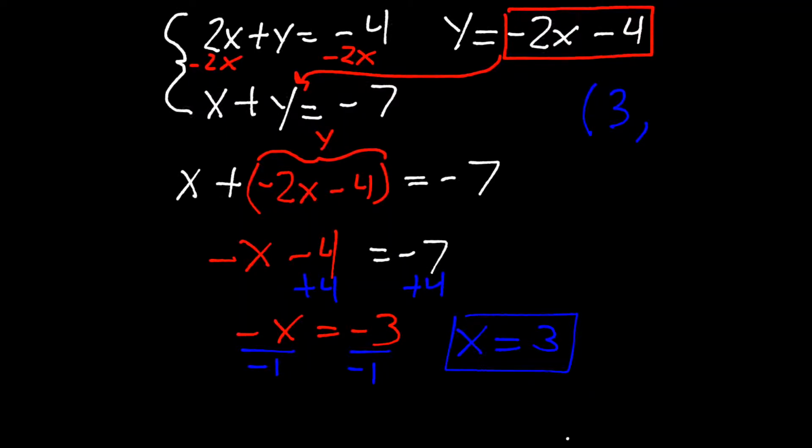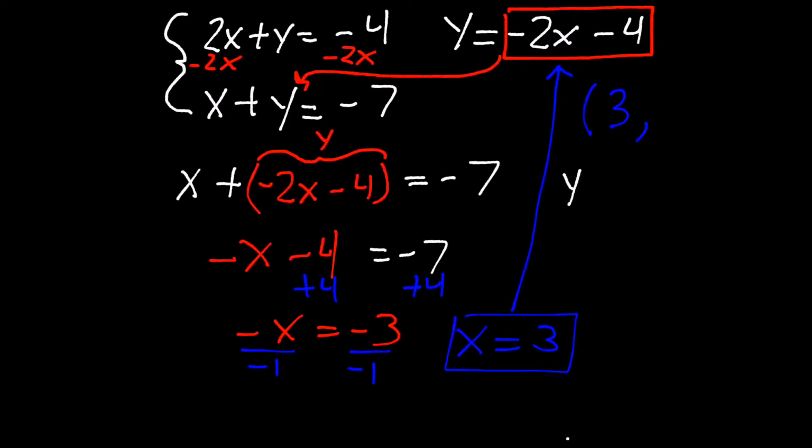Now I have options like before. I know x is 3, and I can put it into this equation, or this equation, the one we rearranged. And I would recommend this because I already know y is equal to negative 2x minus 4. So I'm just going to take this x equals 3, and it's going to go in for x there.